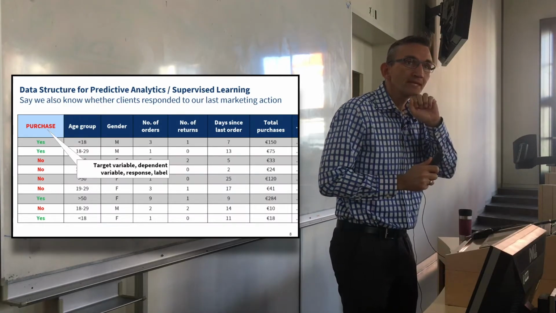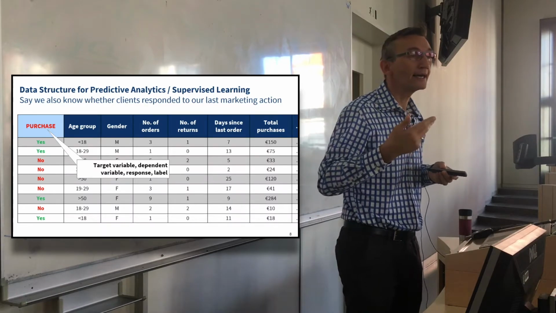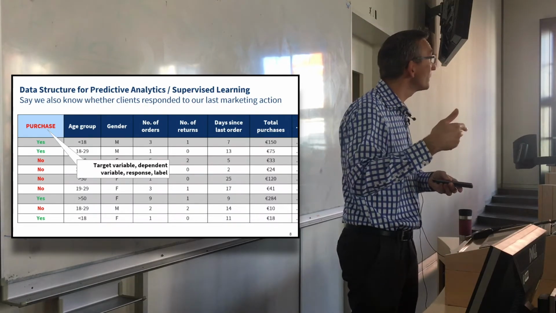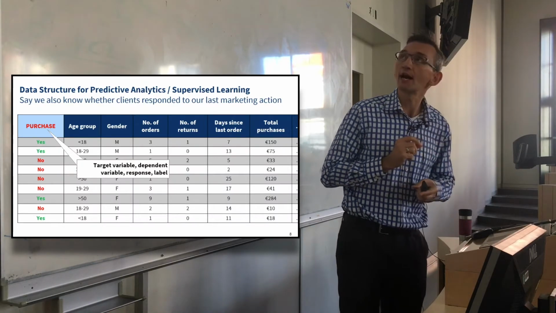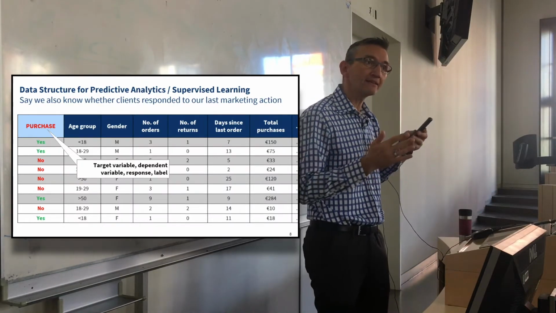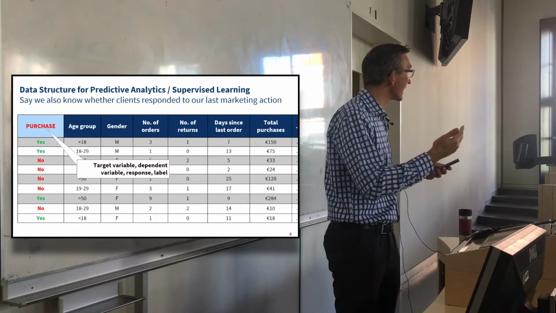And then, if we were able to anticipate who is likely to buy and who is not likely to buy, if we are able to predict this new column, this light blue column, our target variable, it would be extremely useful to target our marketing actions.